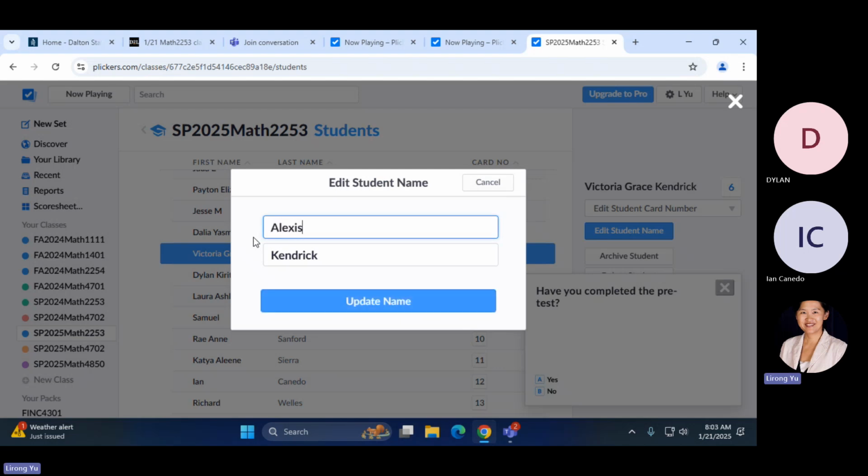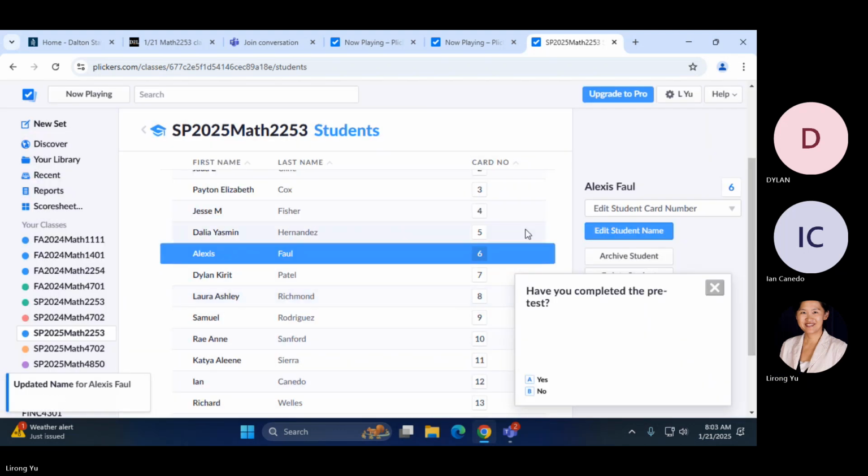Alexis, right? Yes. This is one of the students that's already withdrawn, so I'm changing this so that your last name is... I'll give you card number 6. Sorry. All right.